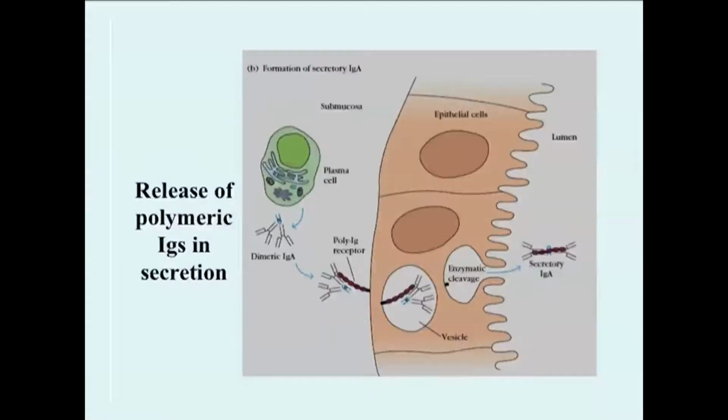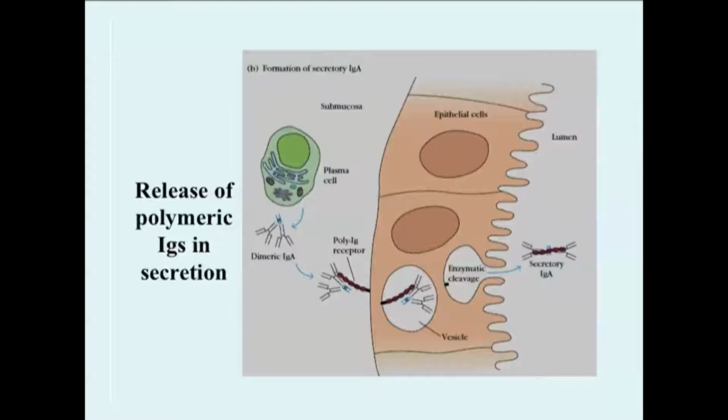The poly-Ig receptor binds to the polymeric immunoglobulin. And as soon as the polymeric immunoglobulin binds to a receptor, it is endocytosed and the vesicle is transported to the lumen side of the epithelium layer. As it fuses with the lumen side apical surface of the epithelial cell, the molecule is exposed.